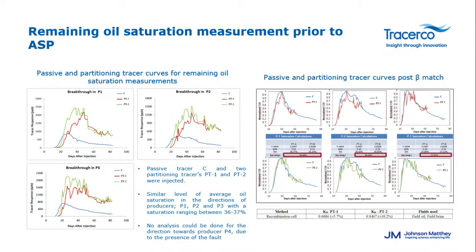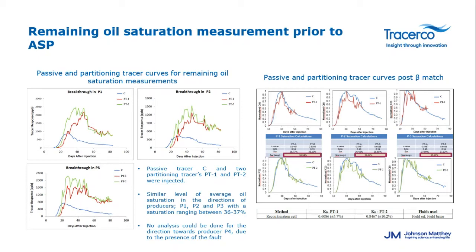Three wells of the pilot study were used to calculate the measurements of oil saturation pre-application of the ASP flood. The blue trace on the left are the passive tracer responses at each producer. During injection, one passive tracer was injected and two partitioning tracers were deployed at the same time. The partitioning tracers are represented by the red and green traces.